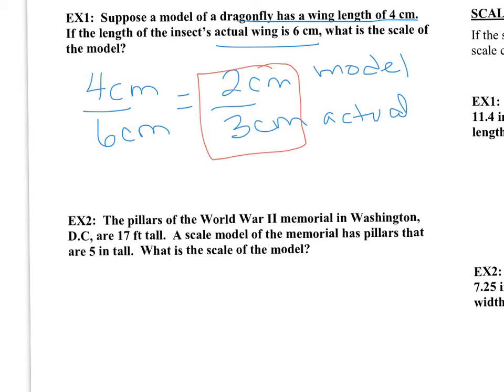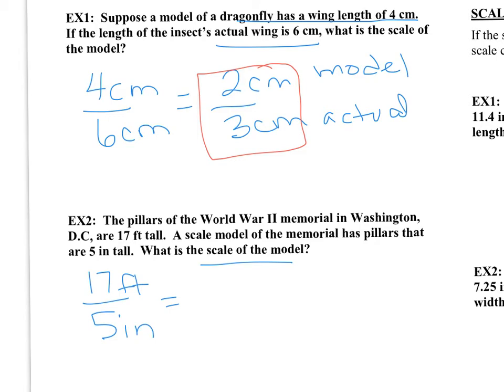In example 2, the pillars of the World War II Memorial in Washington, D.C. are 17 feet tall. A scale model of the memorial has pillars that are 5 inches tall. What is the scale of the model? So when we're looking for the scale, we just want to know what it can be converted to. So in this case, we're going to divide by the 5, top and bottom.